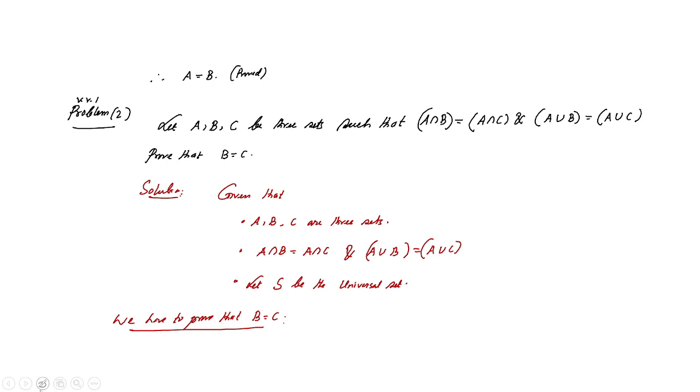Now how to prove B equals C? So now start from the set B and we'll show it is basically C. Start from the set B, and we can write B union (A intersection B), and this is just by the absorptive law.